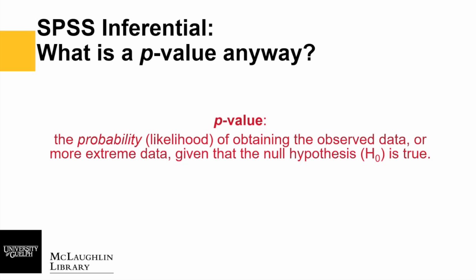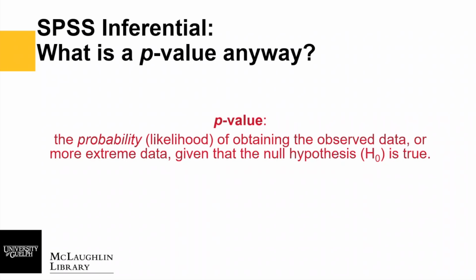So I'll read this directly from the slide. P-value: the probability or likelihood of obtaining the observed data or more extreme data, given that the null hypothesis is true. H0, or H-naught, is how you read that part in parentheses, the null hypothesis. So importantly here, a p-value is a probability, which means it can range from 0 to 1.